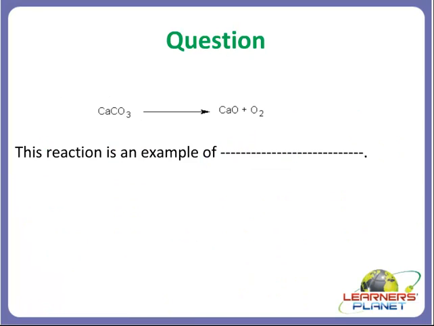So now let's move to our next question. I have got an equation here. What equation is this? CaCO3 is broken down into calcium oxide and oxygen. This reaction is an example of... So students, this is a very simple question.